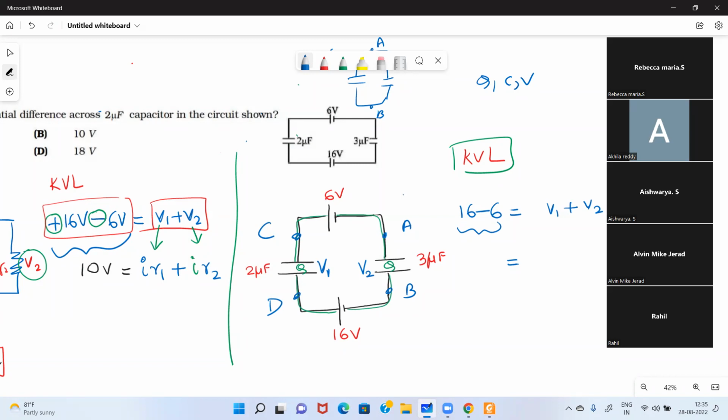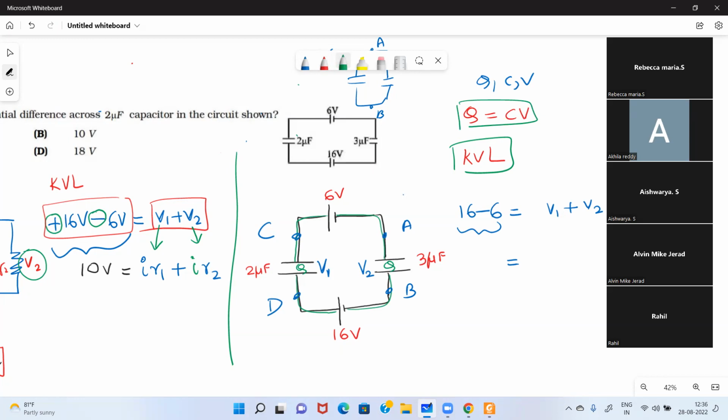Why is nobody answering? Akila, are you there? What is the relation between Q, C, and V? Q is equal to CV, sir. Yeah. So many times we have seen this in this entire exercise, right? Good. Q is equal to CV.